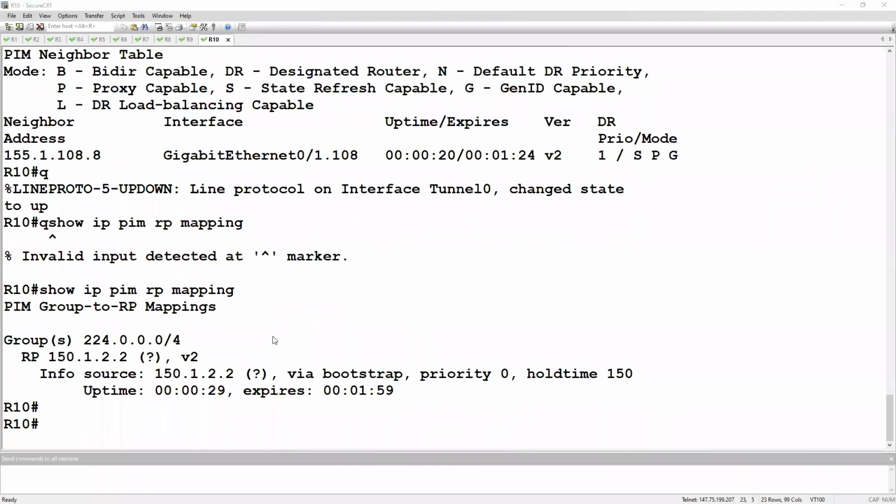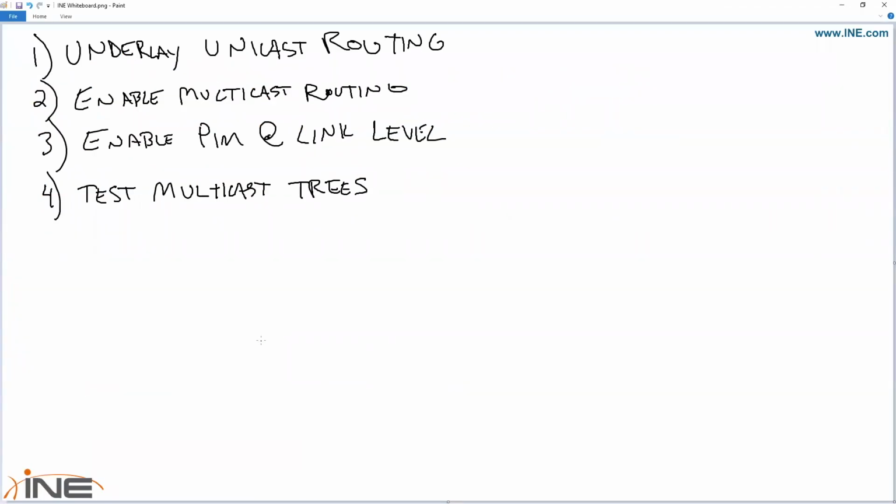Okay, so the next thing that we're going to do, we enabled our underlay unicast routing, so we're running EIGRP. We enabled multicast routing in global config. We enabled PIM at the link level. Okay, actually there should be 3A here, which is to define the rendezvous point address.